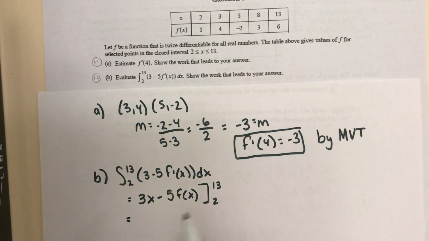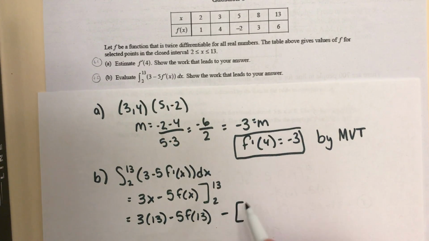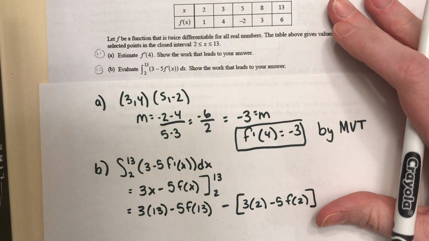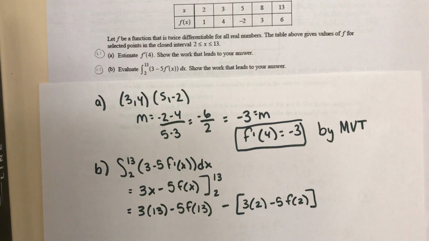So next thing we're going to do is plug the numbers in. I'm going to plug the 13 in first. And then minus, I'm going to plug in the 2 next. And I can get these values from our chart.